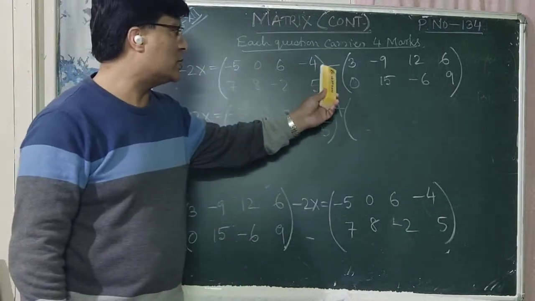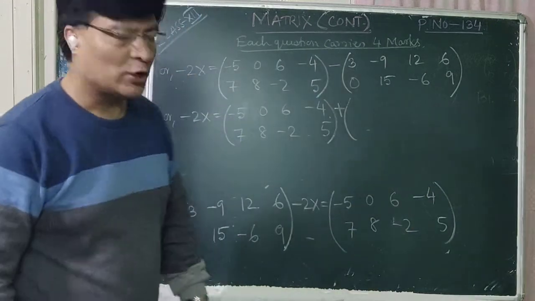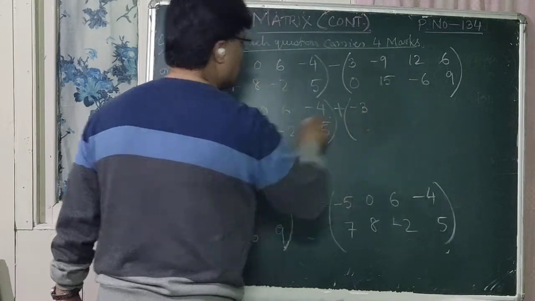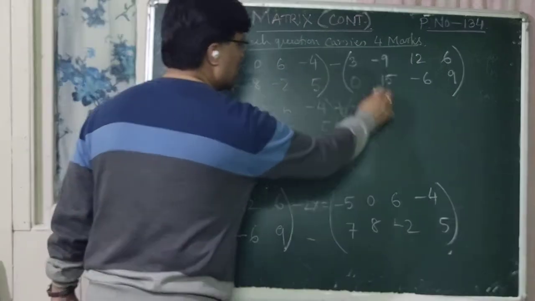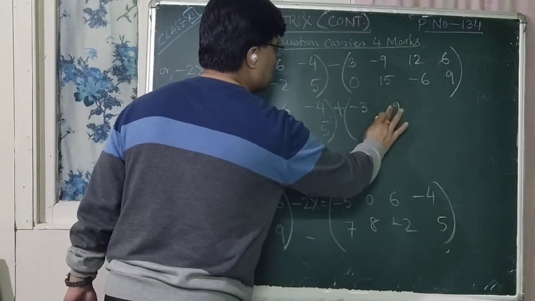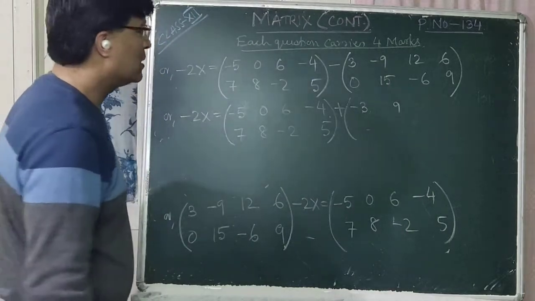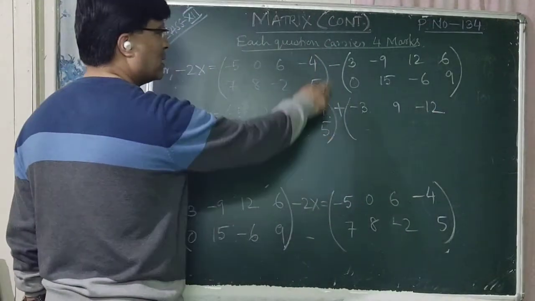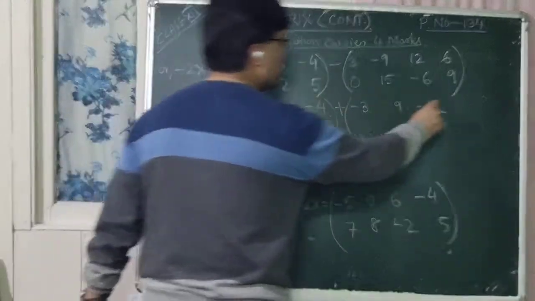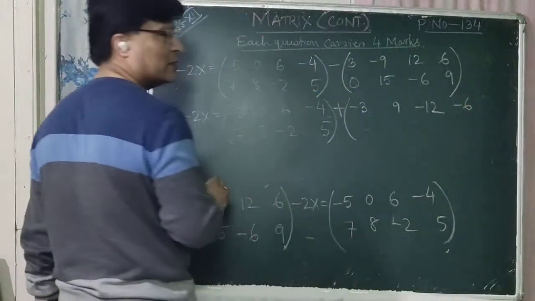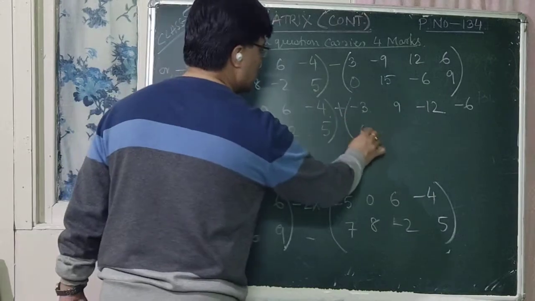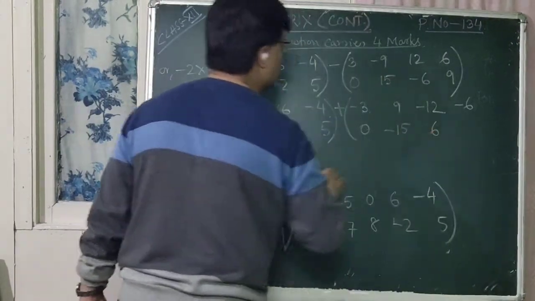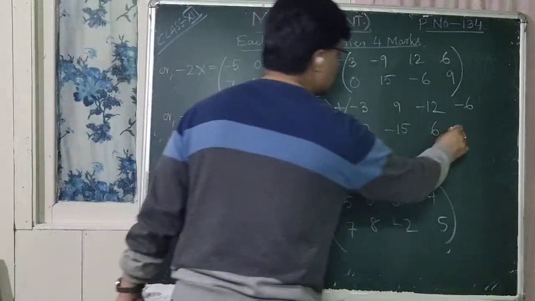So minus 1 is the scalar multiplication of this matrix. So multiply throughout by minus 1. What do we get? Minus 3, minus into minus is plus 9, then minus 12, minus 6, again minus 0 is 0, minus 15, plus 6, and the last one is minus 9.